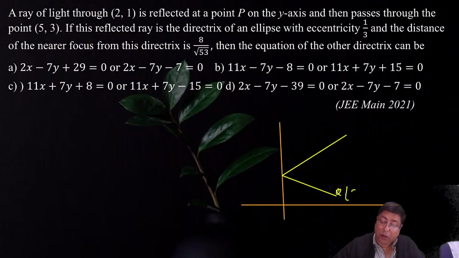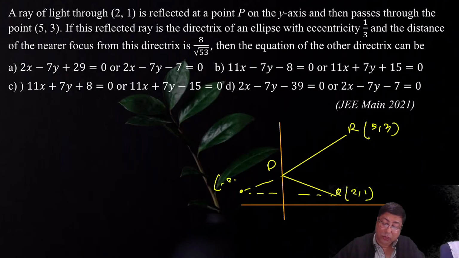This is the Q point 2, 1. This is the R point, 5, 3. And this is the P point. So its image of Q is here, and here it is minus 2, 1. Therefore, equation of the reflected ray PR is what?